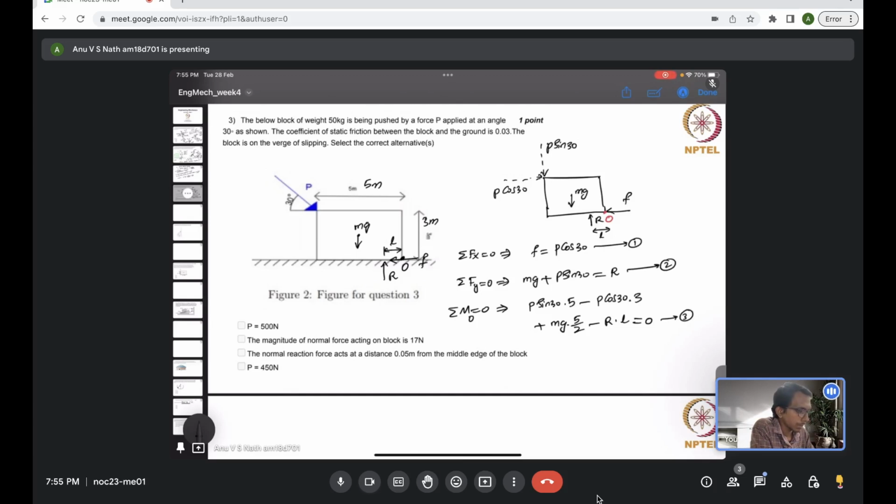Now we have a lot of unknowns here. P is an unknown, F is an unknown, R is an unknown, and L is also an unknown.